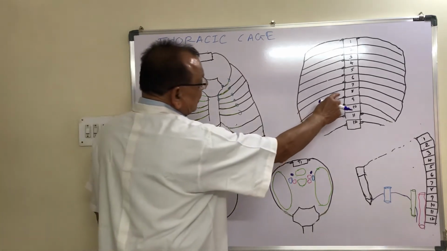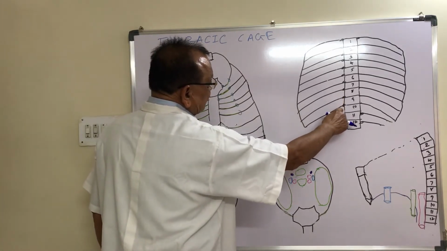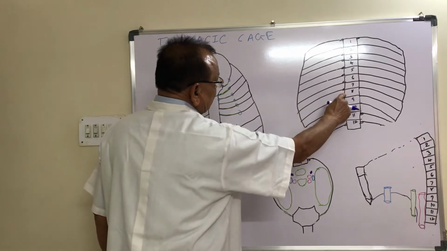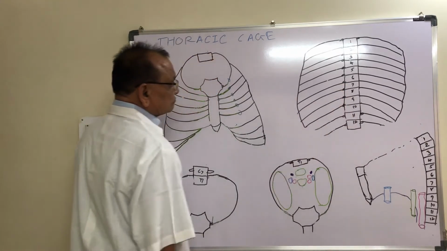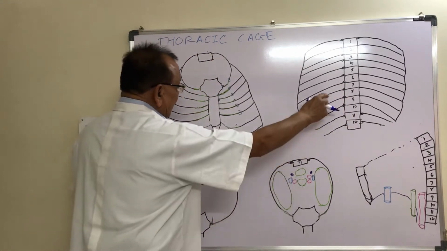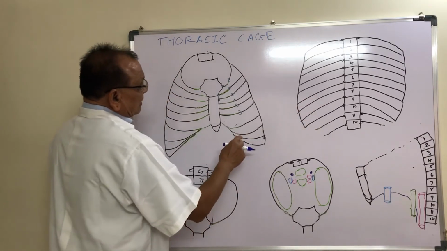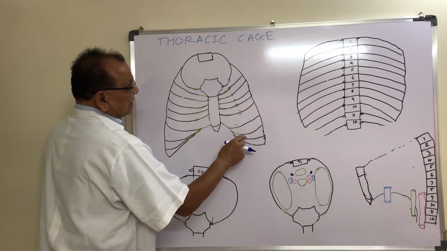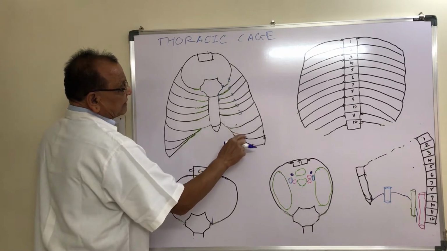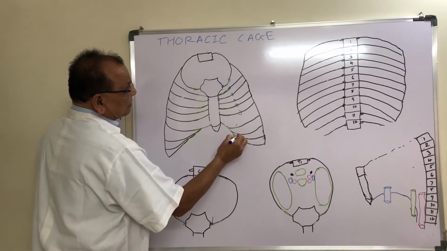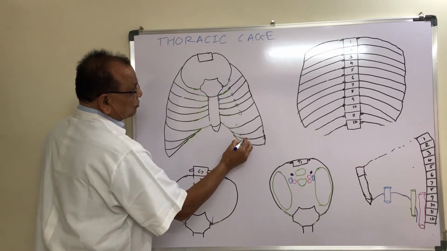See, the posterior end of the 8th, 9th and 10th ribs is articulated with the thoracic vertebrae, and the anterior end of the 8th, 9th and 10th is articulated with the costal cartilage and forms the costochondral joint.